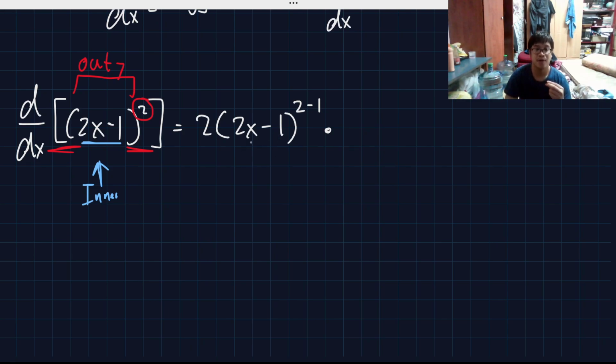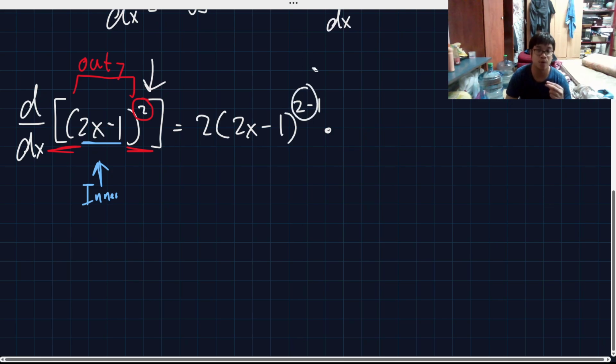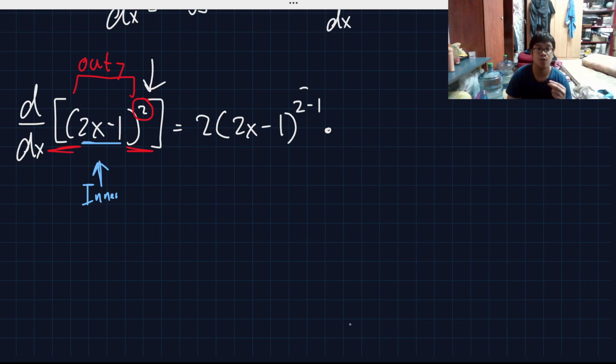Okay? Now, again, why power rule? Because the outer function is an exponent. So here you will use the power rule of differentiation. You bring down the exponent, copy the function, then the exponent here, we will subtract it by 1. Okay, now we get the derivative of the inside, which is 2x minus 1.